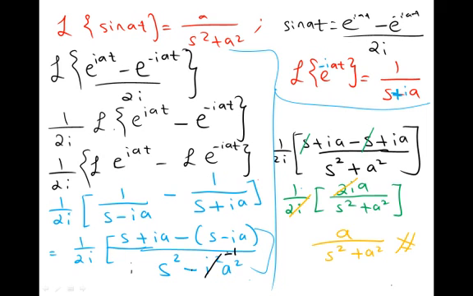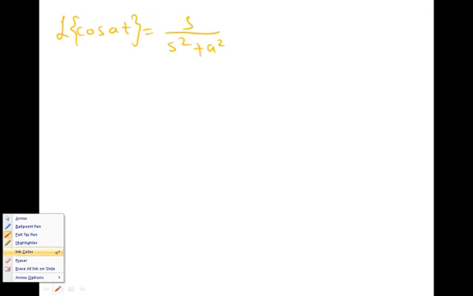Good. Now we're left with the last proof of this type, which is the Laplace of cosine at. So Laplace of cosine at equals s over s squared plus a squared.